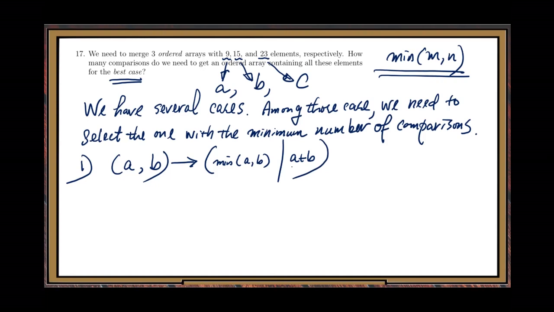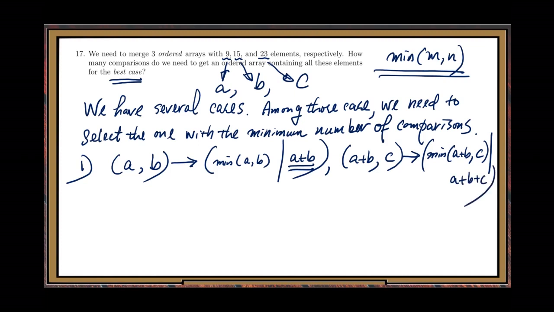Then the second merge, on the same line. Array sizes: the first one, A plus B, comma, C, then our merge result, the minimum of A plus B, comma, C, vertical bar, A plus B plus C. That's the first case.